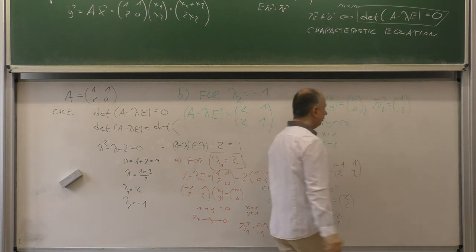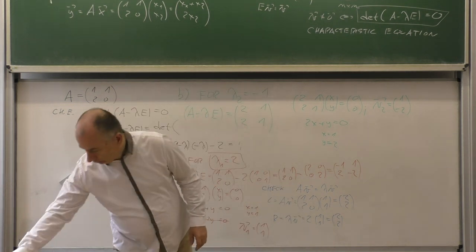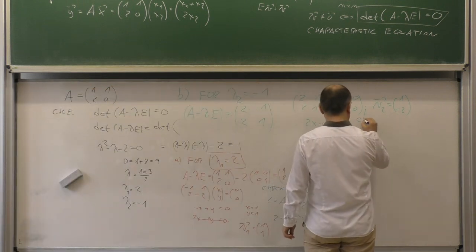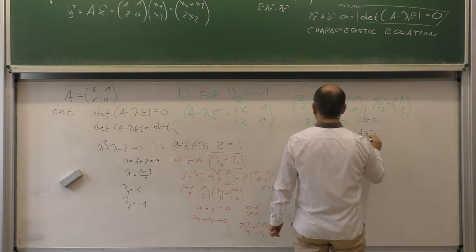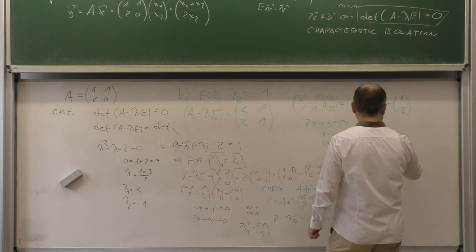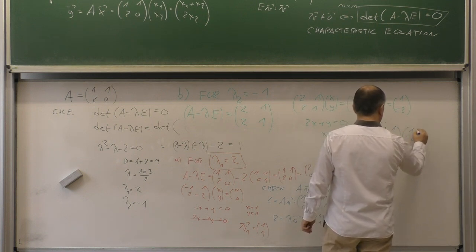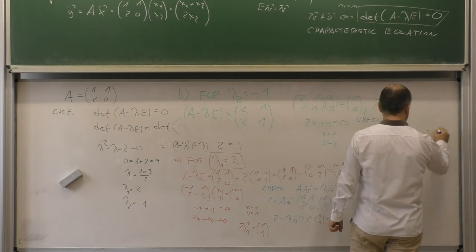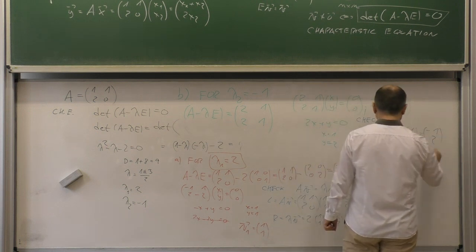We can check this. A v2, which is 1, 1, 2, 0 times 1, minus 2, gives 1 minus 2, which is minus 1, and 2 times 1, which is 2.